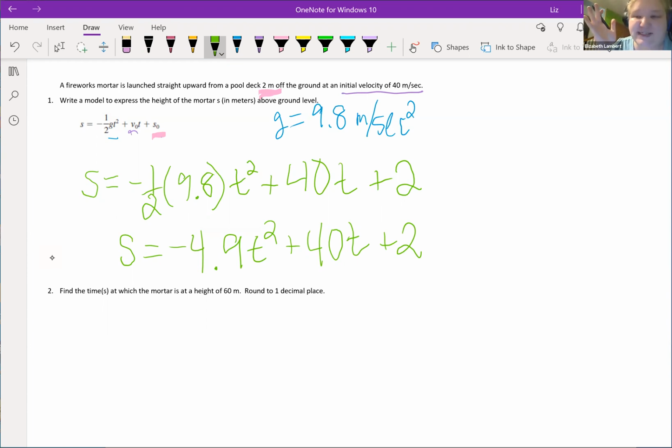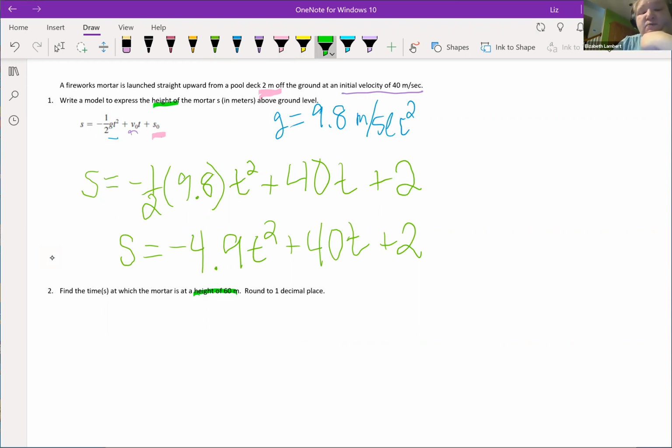Find the times at which the mortar is at a height of 60 meters. Round to 1 decimal place. They are telling us the height is 60. Well, which of these things represents height? The 2 is 2 meters off the ground, but that's just the initial height. The whole function itself is height.